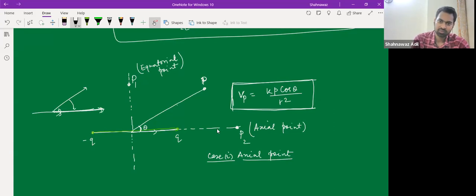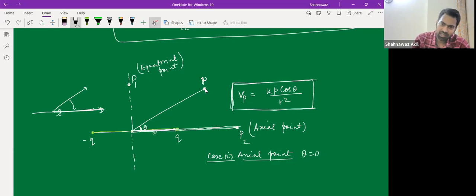Axial point is 180. Mariam and Hasib, both your answer is 180. So this is the point, right? I have taken this point to here. So this is the point and this is the line. How much is the angle? 0 degree, right? Theta is 0.